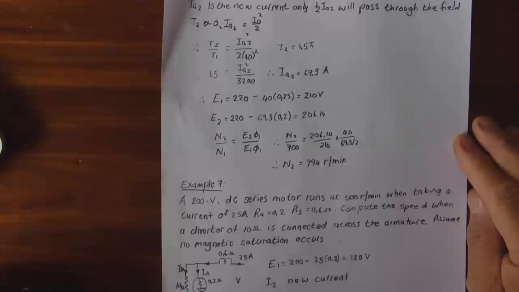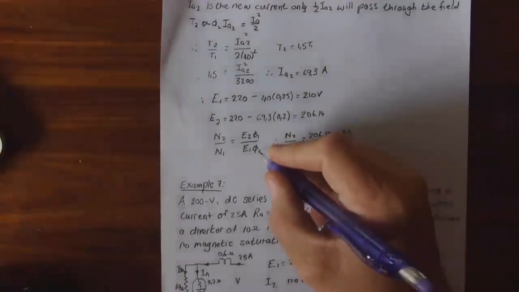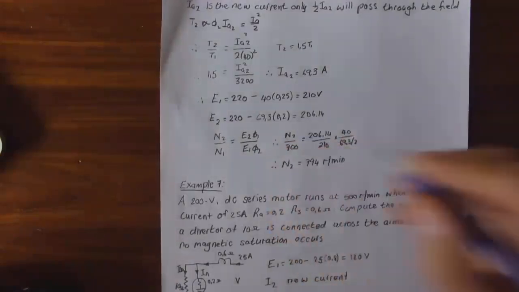So that means we've got N2 over 700 times 206.14 times 40 over 210, and then the second current divided by 2, and that gives us N2 is 794.0 revs per minute. Sorry, that must be flux 2.